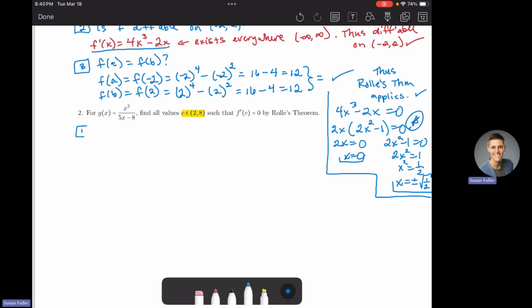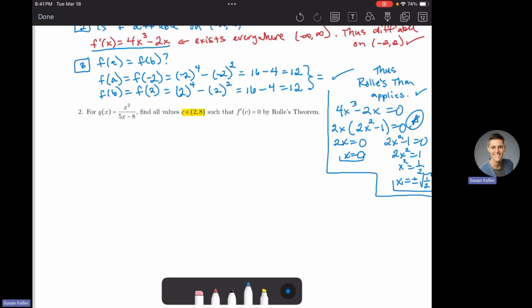So we're going to check our boxes. Is g continuous on the closed interval from 2 to 8? I realize it gave us an open interval here, but we have to be continuous on the closed interval, which includes our endpoints.